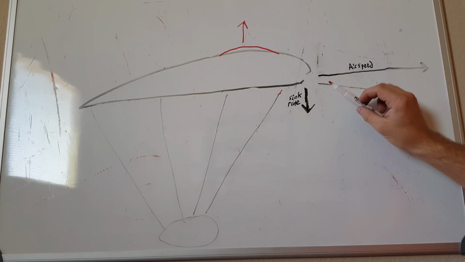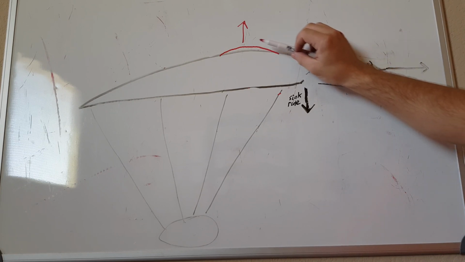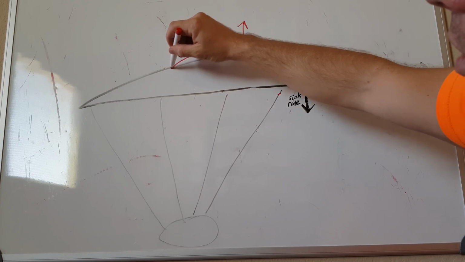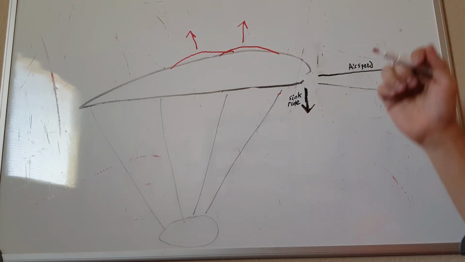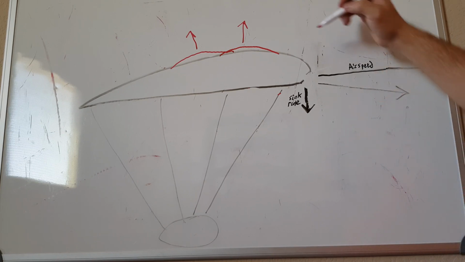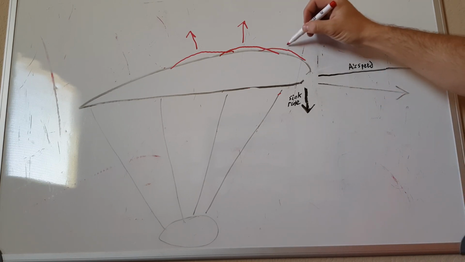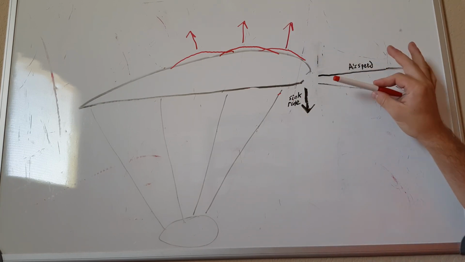As you decrease the angle of attack and the airflow flows over the wing this way, that low pressure area shifts towards the rear of the glider. And as you pull on the brakes and reduce your airspeed, that low pressure area will be towards the leading edge of the glider. That's what happens on a classic profile wing.